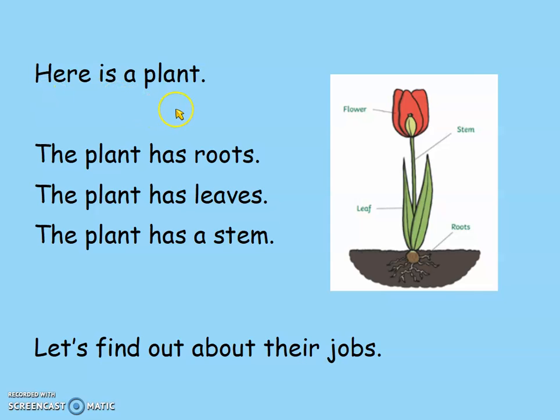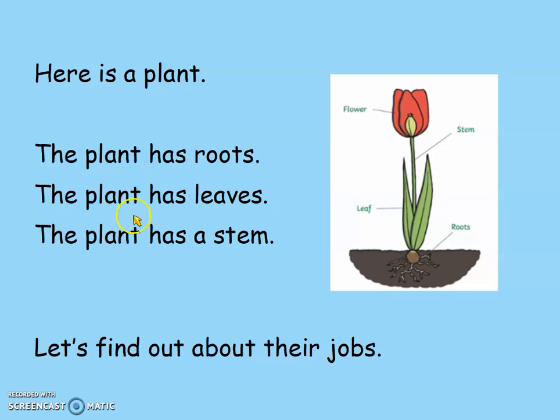Here is a plant, and we've got a picture of a plant with some labels. The plant has roots. Let's look at the photo. Yep, at the bottom we can see the roots.